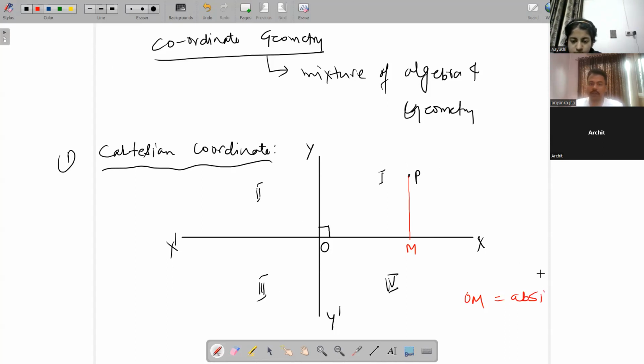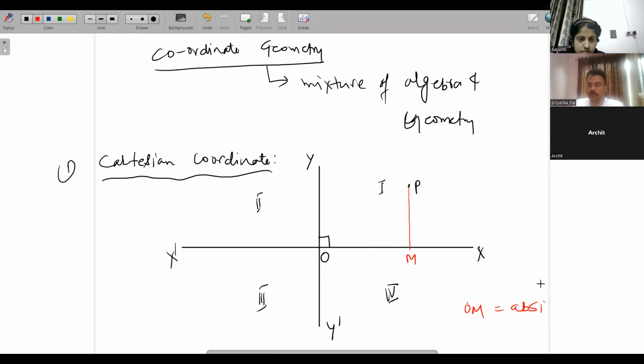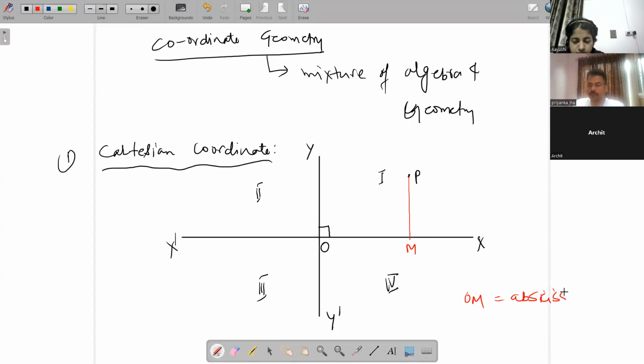What is the spelling of abscissa? And MP is called ordinate. Abscissa means X coordinate and ordinate means Y coordinate. So suppose this length is X and this length is Y. So the coordinate of this point will be X comma Y.